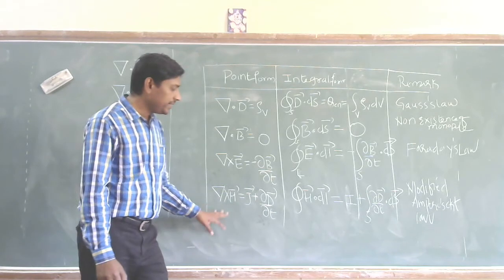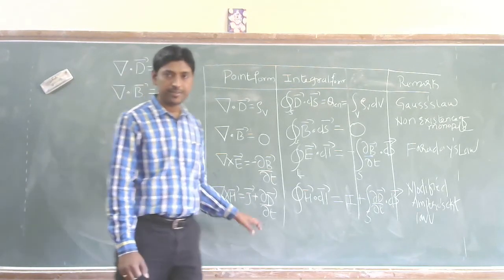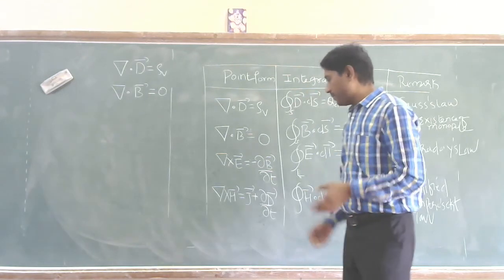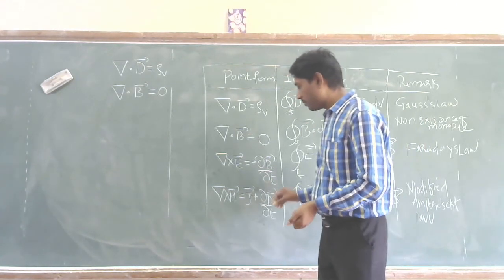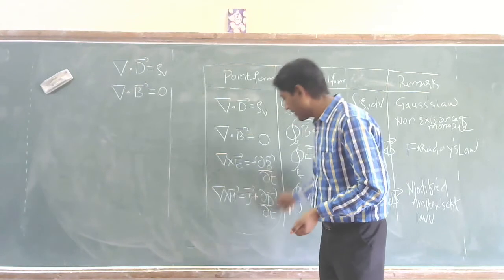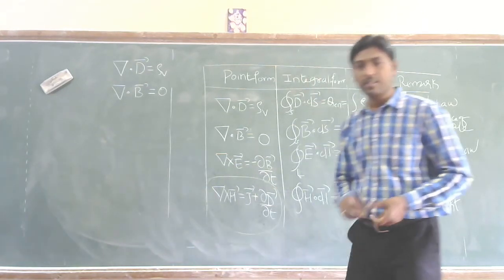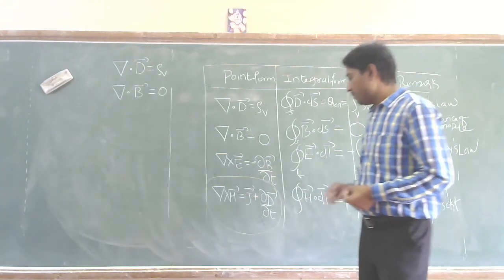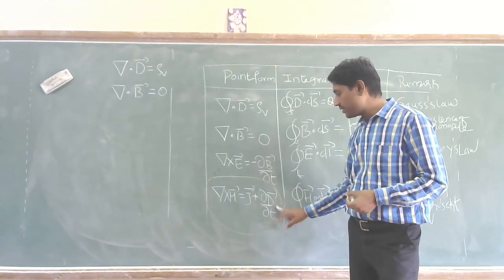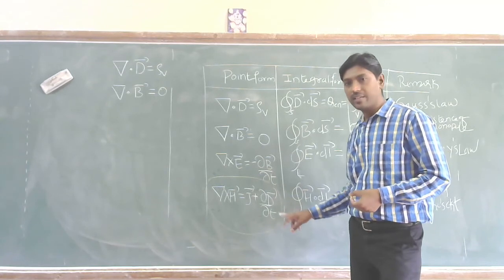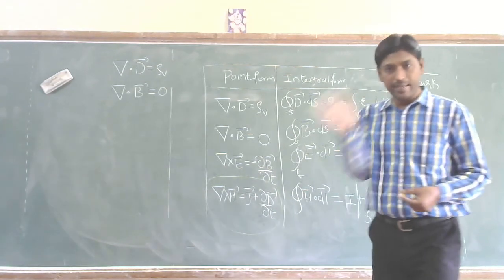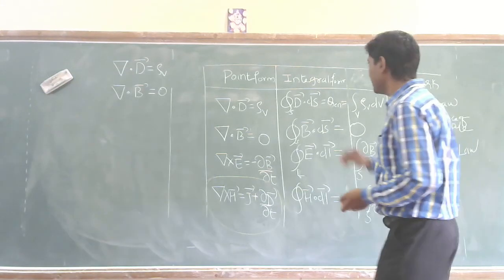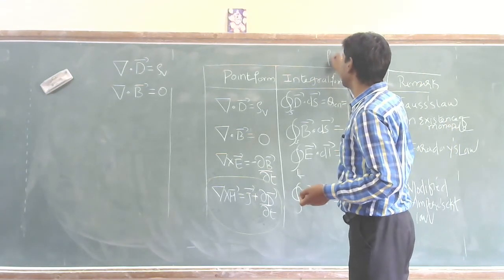For many years, people did not believe this, because he could not show it experimentally. He could not show this particular JD or ID experimentally, because at low frequencies the JD term is very negligible, and at the time of Maxwell it was not easy to generate a high frequency signal.